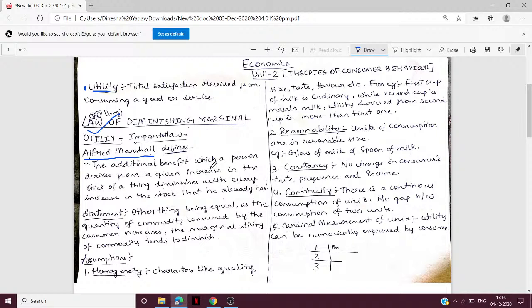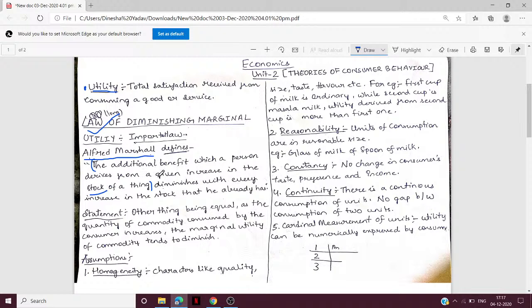The additional benefit which a person derives from a given increase in the stock of a thing. See, let us divide the sentence so that you can understand clearly. The benefit which a person derives when he has an increase in stock. Stock here means anything. It may be chocolates or anything. If the quantity is increased, the benefit also increases.